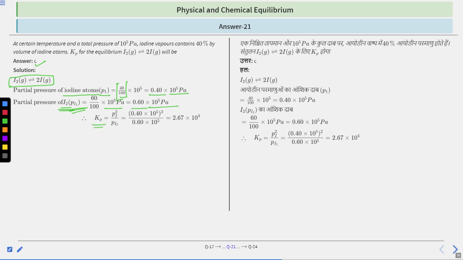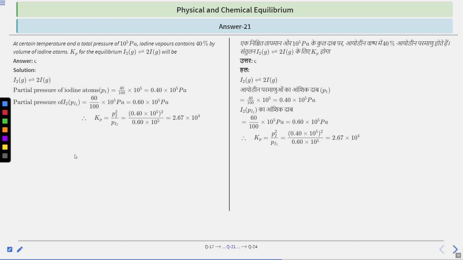Therefore, the Kp for this conversion is P of I whole squared divided by P of I2, right? Because the equilibrium constant is product divided by reactant, and the product has 2 as its stoichiometric coefficient, so it becomes P of I squared divided by P of I2. On putting the values, Kp equals 2.67 into 10 to the power 4. Thus, option C is the correct one.